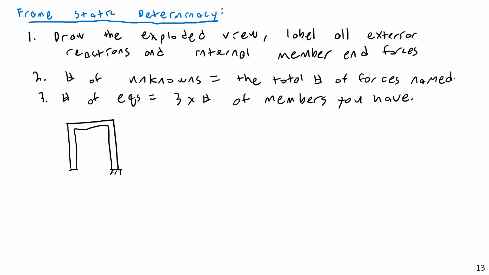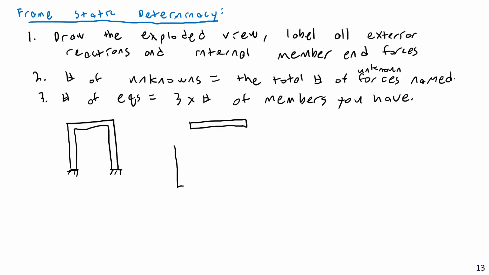So if I want to draw an exploded view of this, and I should probably say number of unknown forces named. I'm not including any known forces applied to the outside of this thing. Those don't count as unknowns because usually we already know the magnitudes and directions of those.